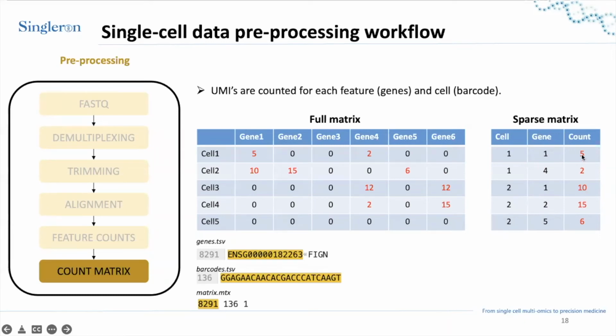Here is the number of unique UMI counts for each cell barcode plus gene combination. The benefit of the sparse matrix is that it does not need to have all of the pairs in the full matrix appear. For example, cell 1 and gene 2 will not appear in the sparse matrix because it is 0.